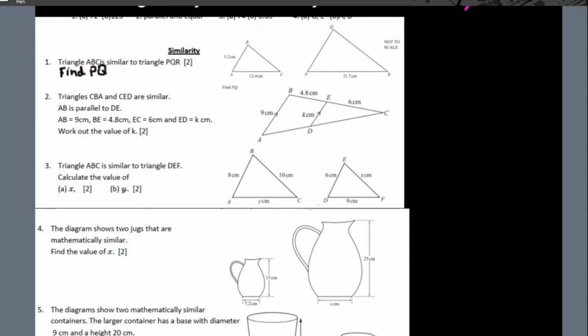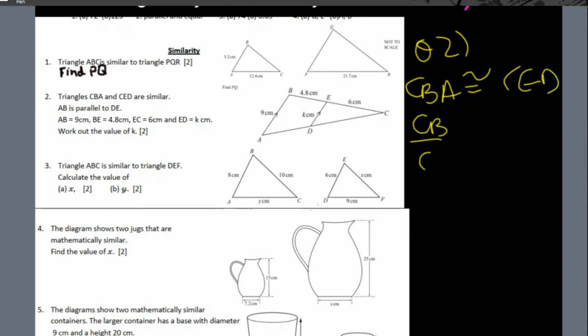Question number 2. Okay, question 2. Triangle CBA and CED are similar. AB is parallel to DF. AB equals 9, one length is 4.8, then 6, and then K. Work out the value of K. So since CBA is similar to CED, we'll again use the ratios.